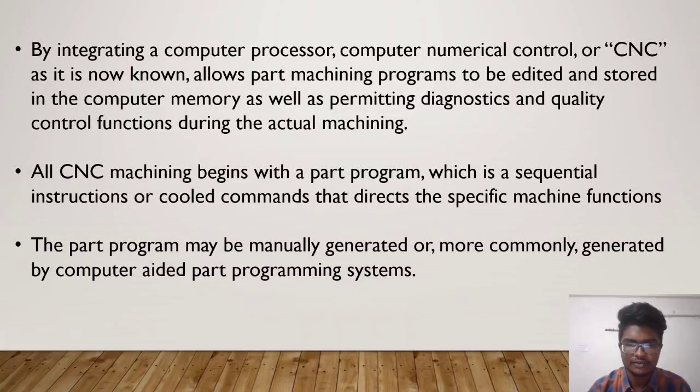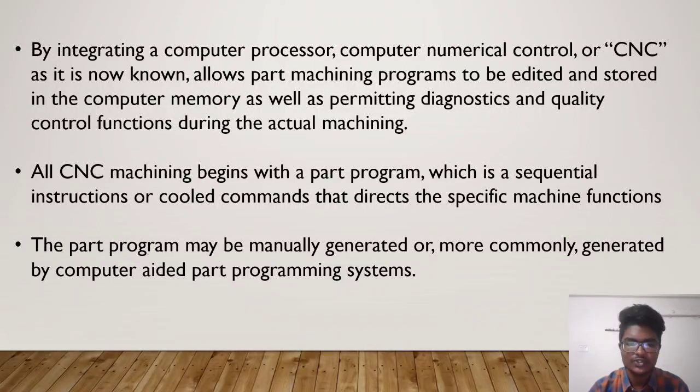What is the difference between NC and CNC? In NC, you write the program manually on an NC machine and run the program to drive the movement of the machining process. In CNC, you can write the codes on your computer and store them in memory, and they can be transferred to the CNC machine later, and it will generate output signals so that the machining process takes place.